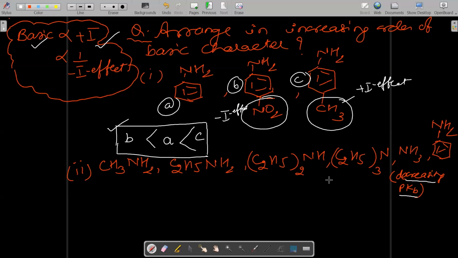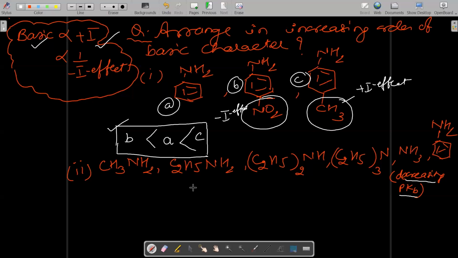Decreasing order of pKb value means increasing basic character. Which one will have the higher pKb value? That will be the one which is less basic. Or you can leave everything and just recall which one will be the stronger base or weaker base.